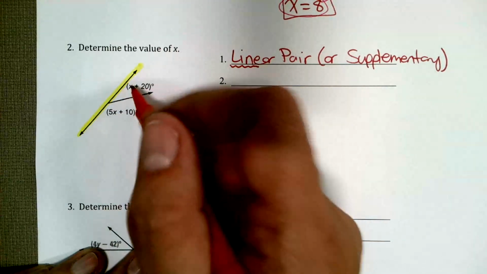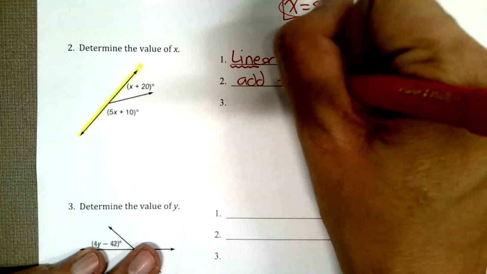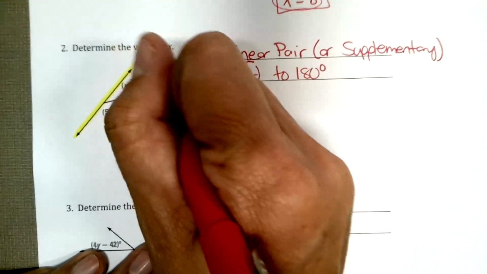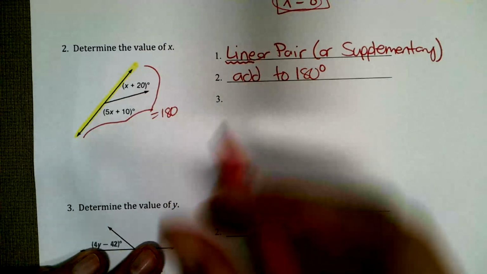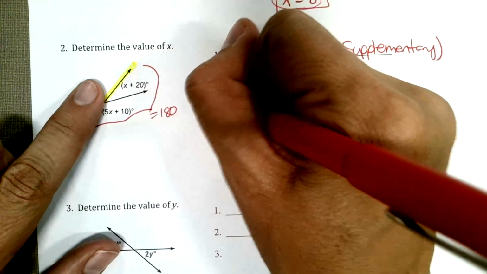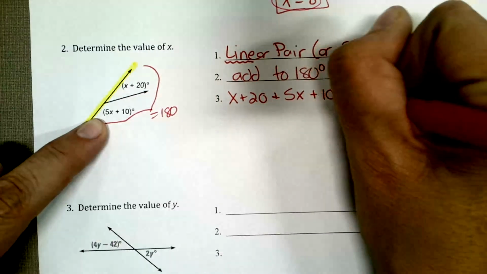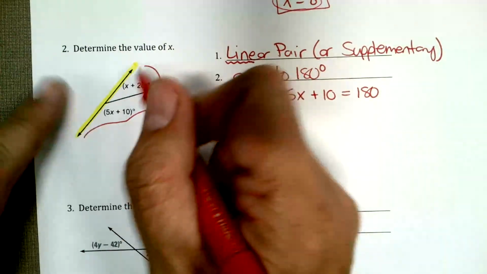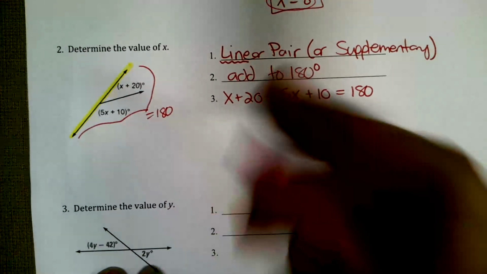So we know, because they make a straight line, that these have to add to 180 degrees. So x plus 20 plus 5x plus 10 equals 180, using the angle addition, the two pieces to the whole thing.